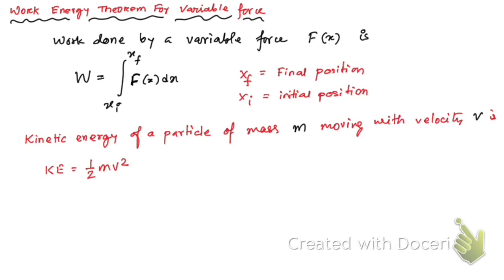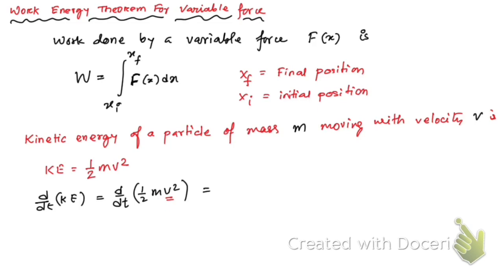Half mv square. Now, if we differentiate both sides with respect to time t, then what are we going to get? Here the variable is v, because only velocity will change with time, not the mass, right?